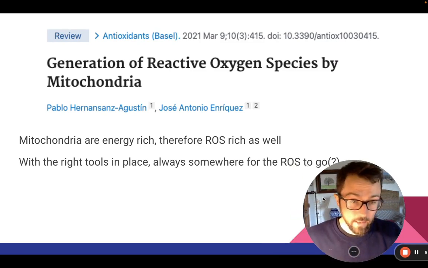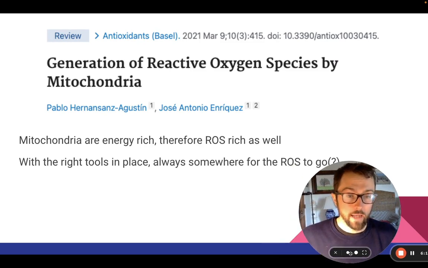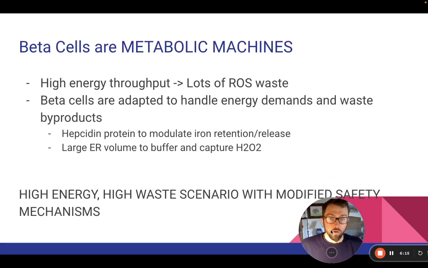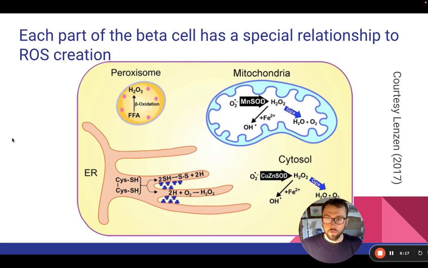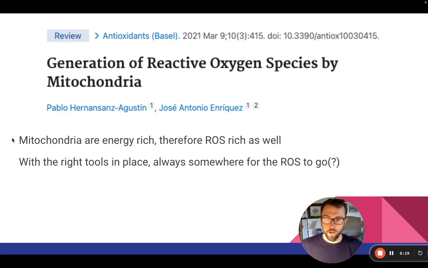Now, the next thing to think about is that cells and cell parts that make energy are going to make waste. That's how it works. You can't create something without having some sort of byproduct.